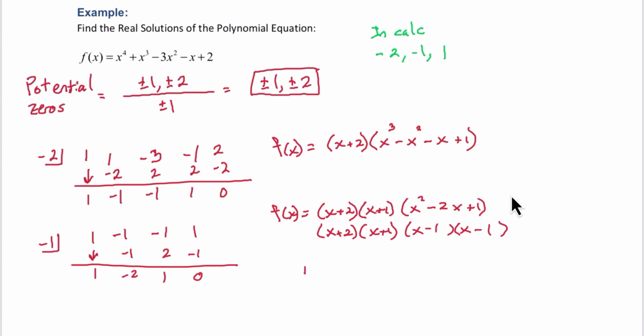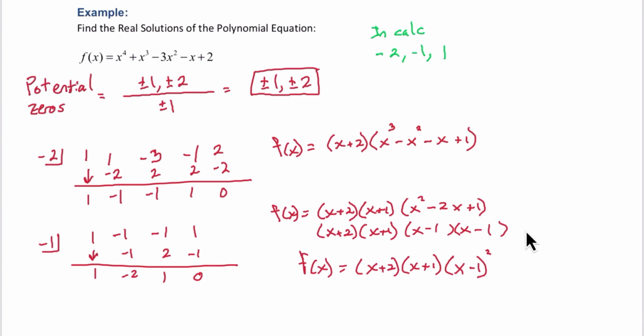So we can now rewrite f as x plus 2 times x plus 1 times x minus 1 squared. We have that multiplicity because that factor occurs twice.